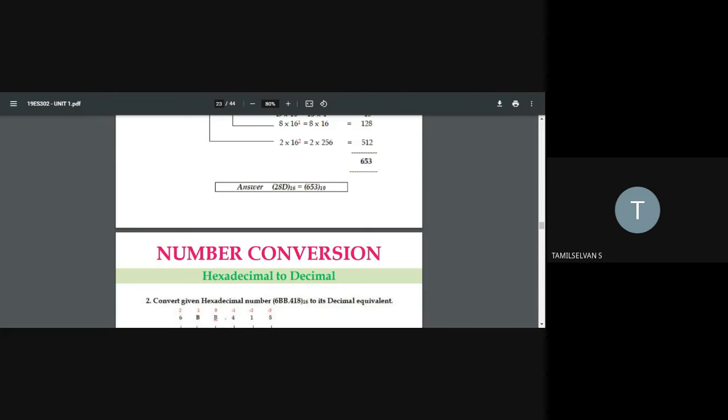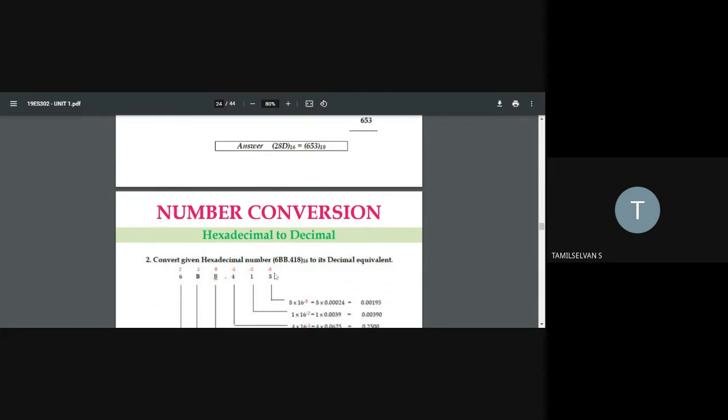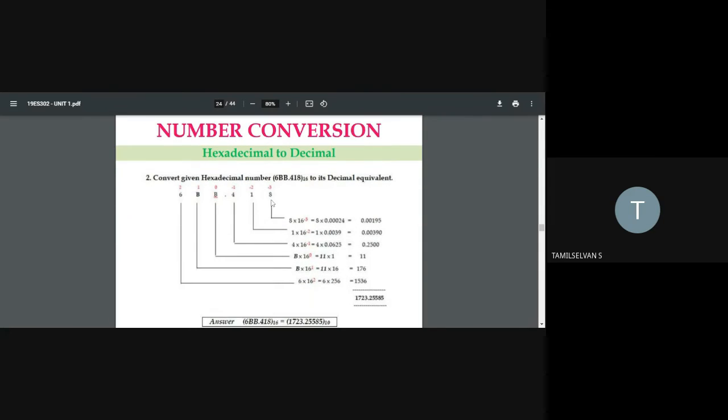Before the floating point, there is a positive exponent, that is 16 power 0, 16 power 1, 16 power 2. Please note that before the floating point we take the numbers from right to left, and after the floating point we take the numbers from left to right. This is another example.